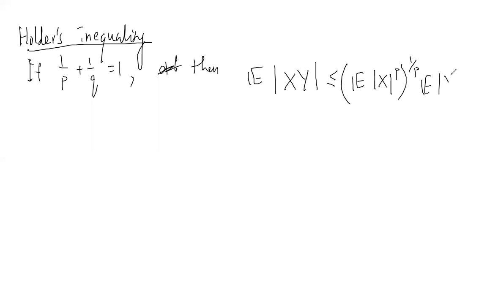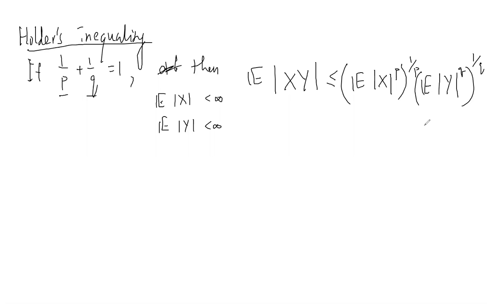We're not going to look at the proof, it's a bit involved. We're just going to learn how to use it. Of course the expectation of absolute x must be finite, and the expectation of y must be finite, otherwise this will not hold. So if 1/p plus 1/q is equal to 1, this is a constraint, then you have this result.